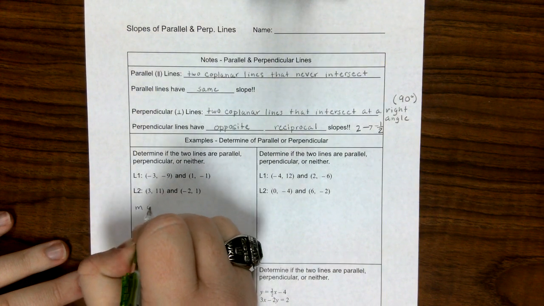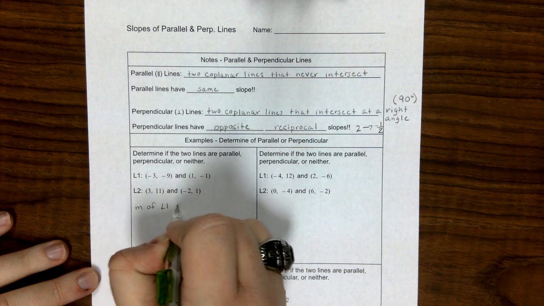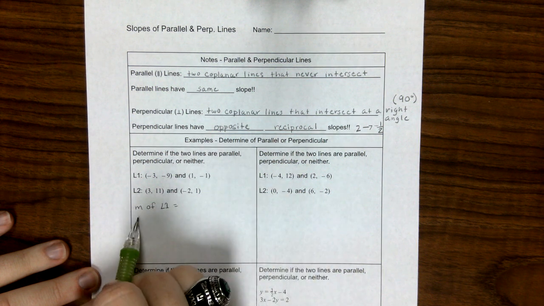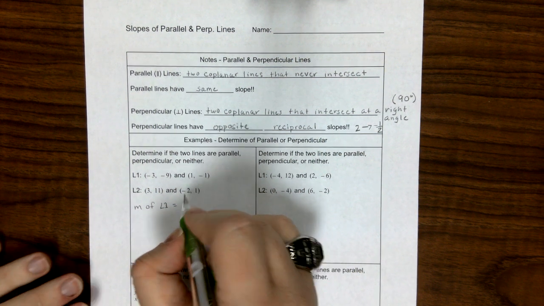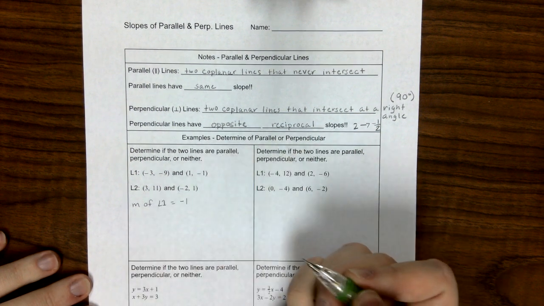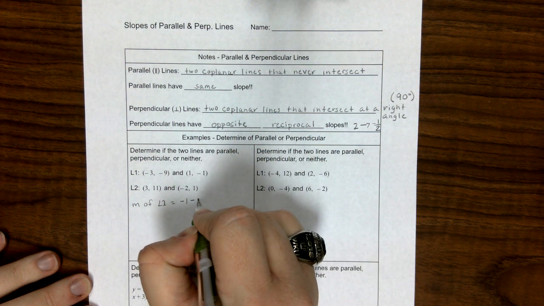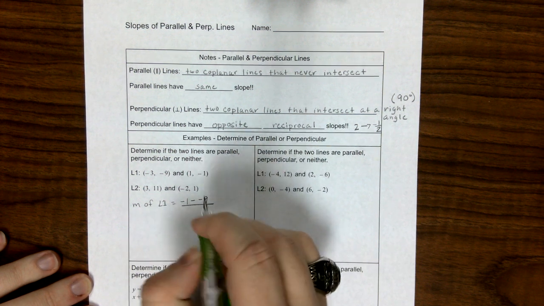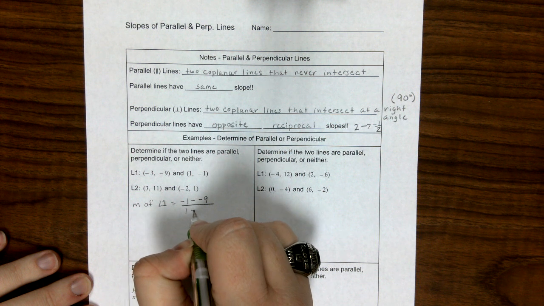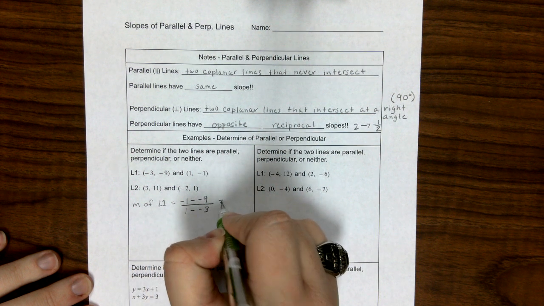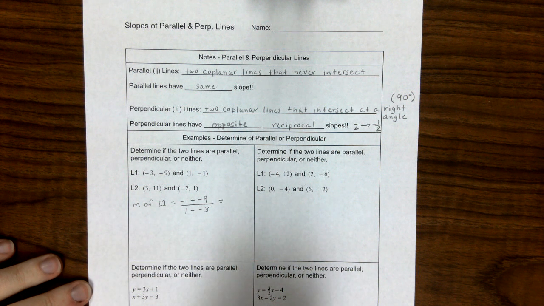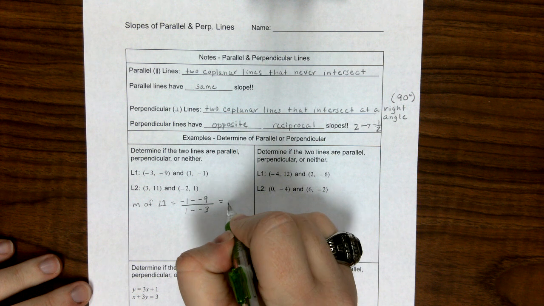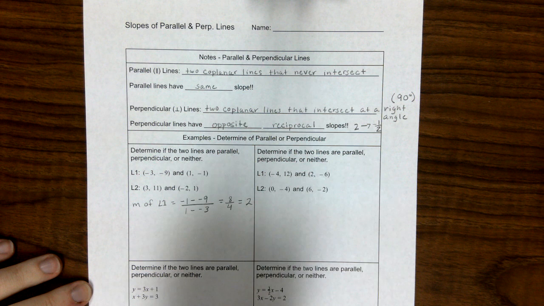The slope of line 1 equals, and I used m for slope, and I'm going to use that slope formula we looked at: y2 minus y1 over x2 minus x1. And when you simplify all that, you're going to get 8/4, which we know reduces to 2.